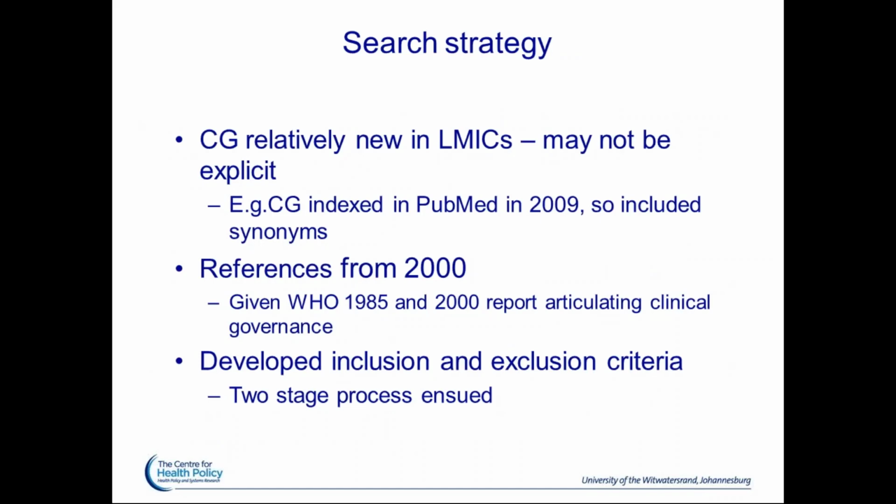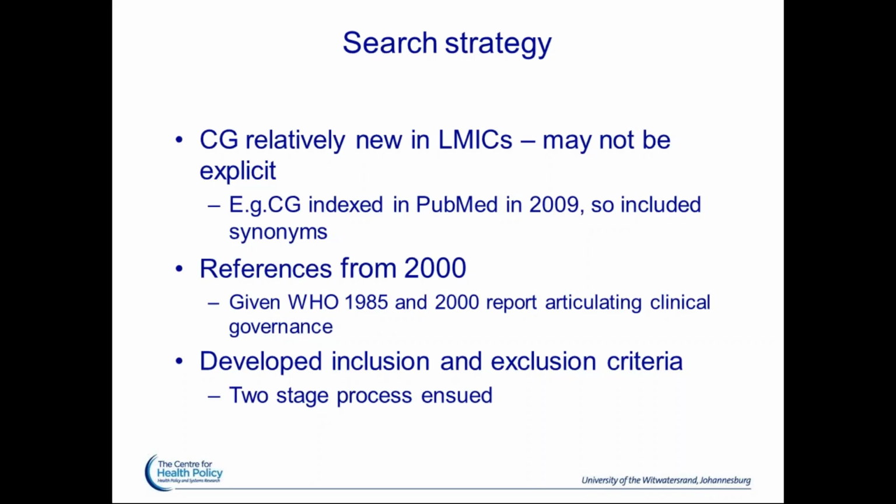Our search strategy was informed by some criteria. Because clinical governance is relatively new in low and middle income countries, we thought that it might not be explicit in some of the articles. For example, in PubMed, clinical governance has only been indexed since 2009.